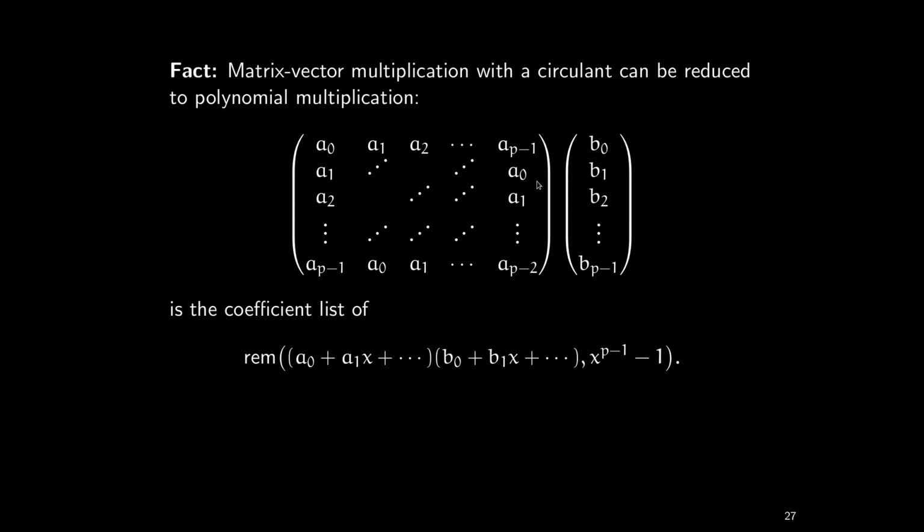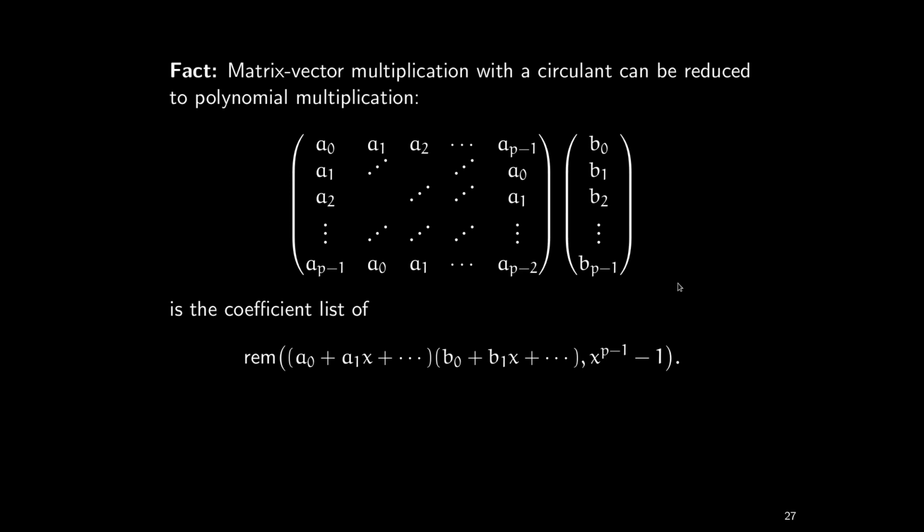So let's just believe that this matrix applied to this vector is the coefficient list of the product of the polynomial whose coefficients are the a's written here with the polynomial whose coefficients are the b's written here, mod x to the p minus 1 minus 1.